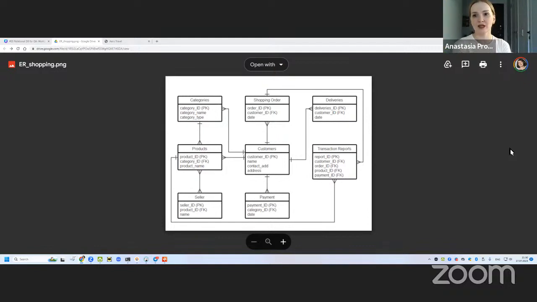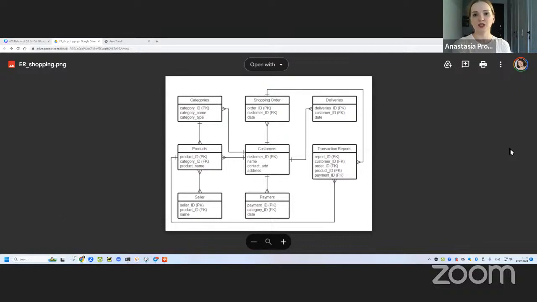We don't have any connection between these two tables, but we need it. It's like a foreign key to each other. I think it should be connected, because without deliveries we don't have any orders. Orders cannot be delivered. I think it should be connected.